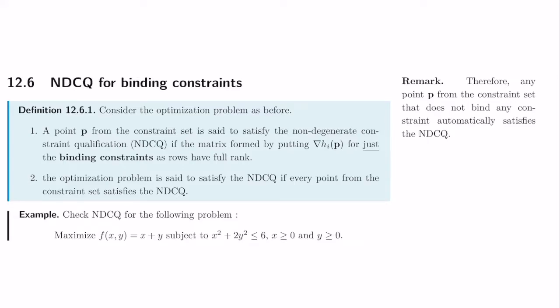Now, let me move on to discussing the NDCQ, the non-degenerate constraint qualification, but this time for an optimization problem with inequality constraints. Actually, the way to do it is very similar to before. We're going to form the Jacobian matrix.